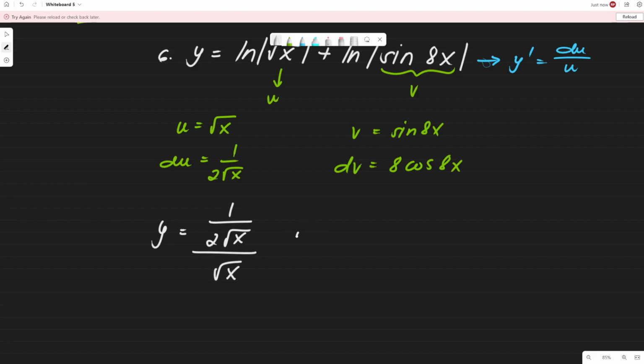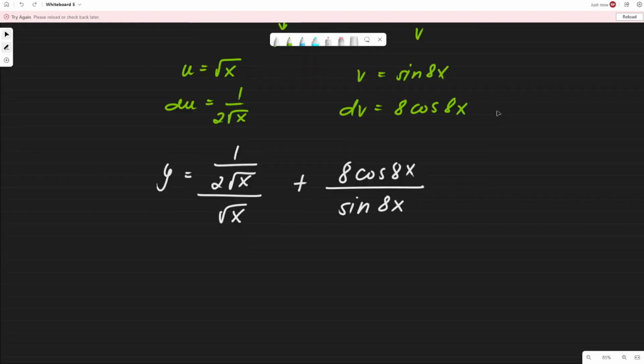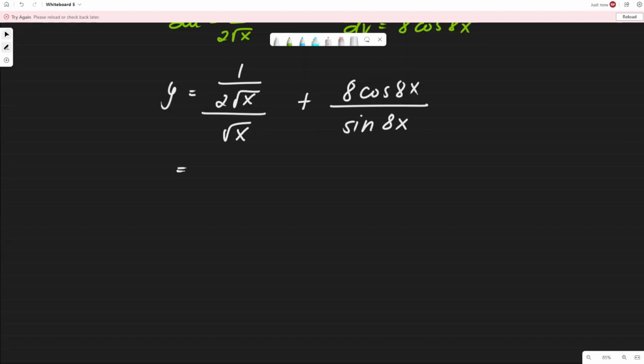Tapos plus 8 cosine 8x over sine 8x. 'Di ba? So let us simplify. So we have 1/2 square root of x times 1 over square root of x plus 8.